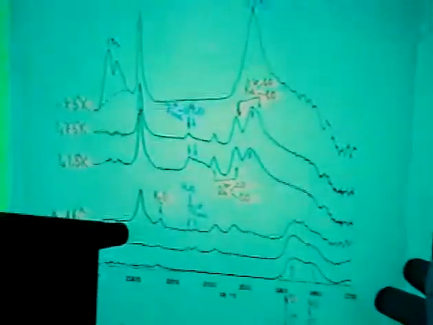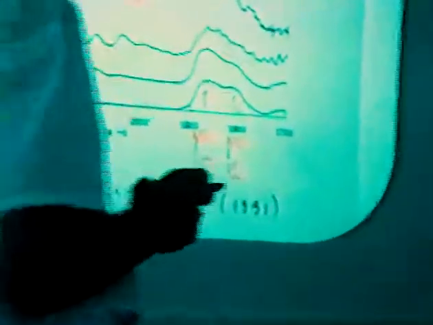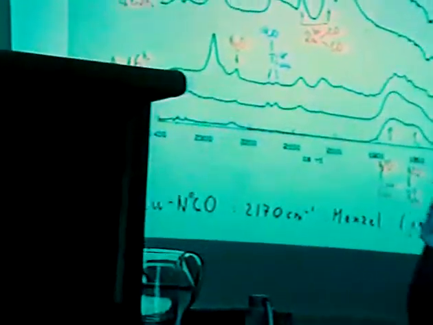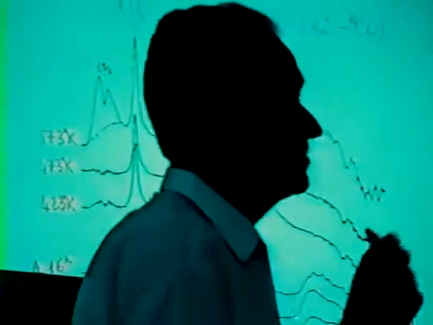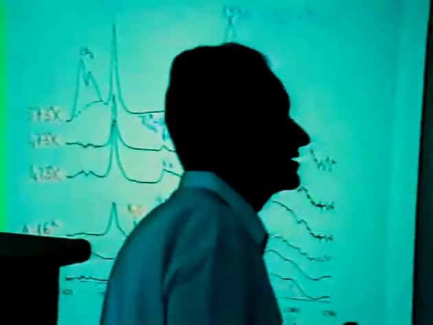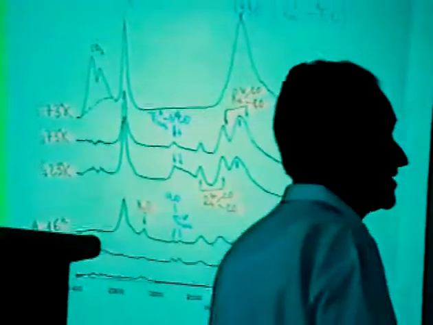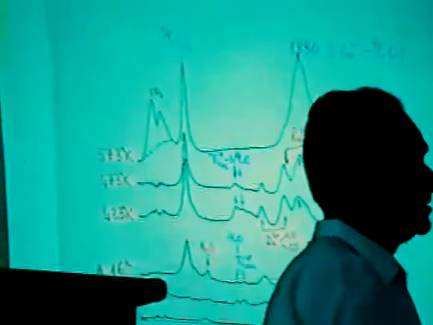And on ruthenium, there is a recent paper of Menzel and co-workers on ruthenium 001, which showed that isocyanate is formed at room temperature, giving a band in this position. But immediately at 50, 70 degrees centigrade, the species decomposes, and therefore it can easily spill over on the support.